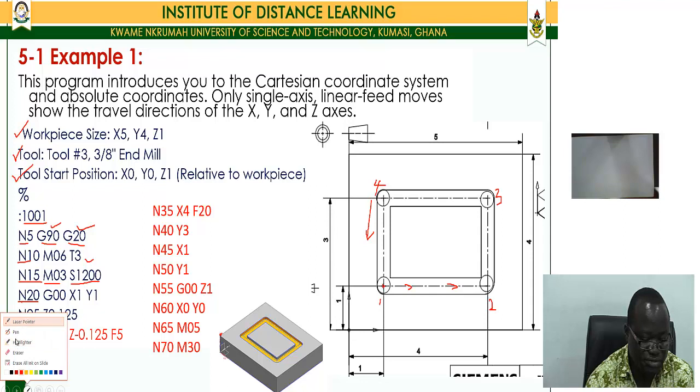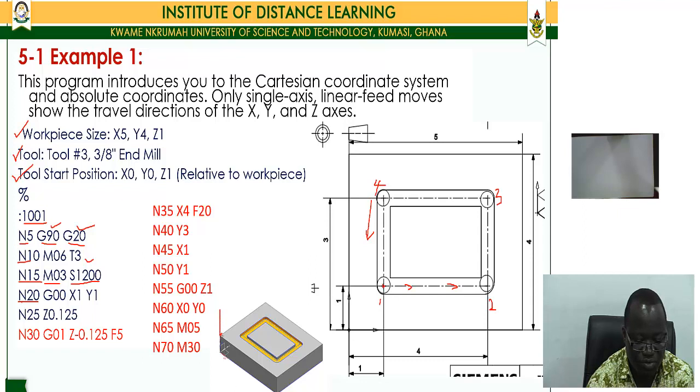Then X1, Y1 means it is going to have X1, Y1, and then it will pick the coordinate position, which is going to be the Z1. Now when we are programming, we will have to set the coordinate start position on top of the workpiece.